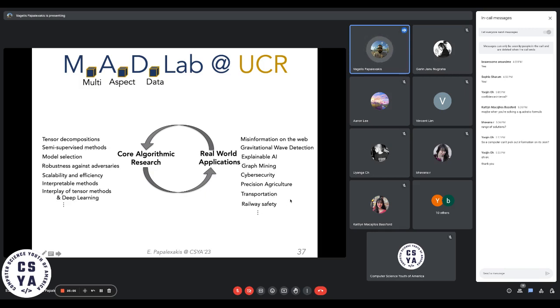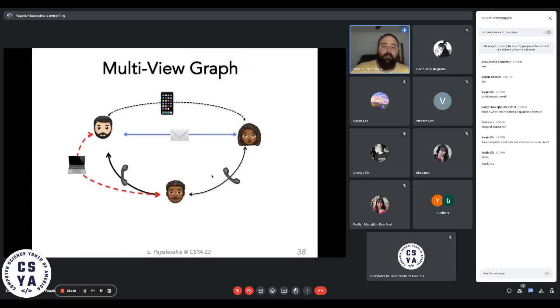We have railway safety and transportation recently, and cybersecurity being some of the main applications that we care about. And what I'm going to do in the next few minutes is give a brief overview of a few of those applications, giving you some examples and some pointers for further investigation.